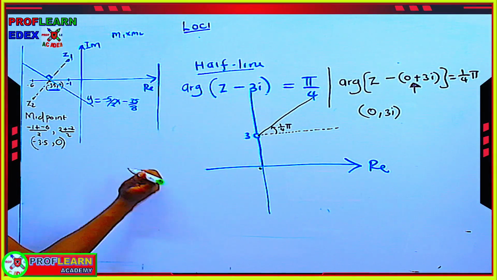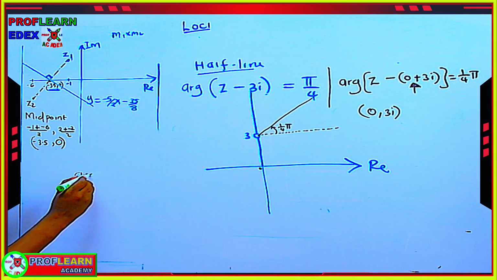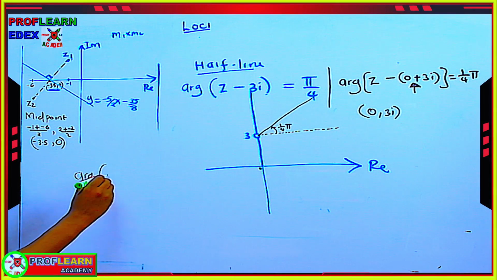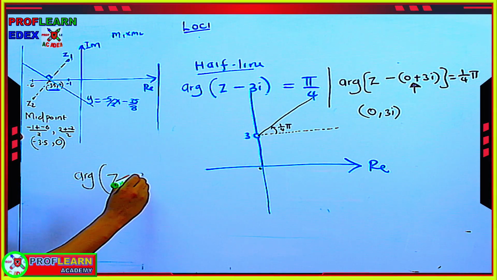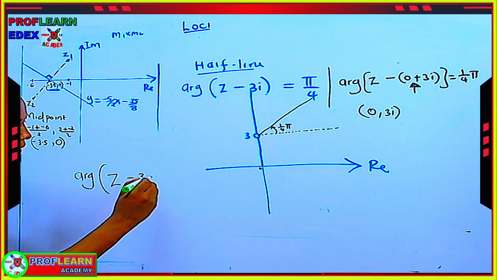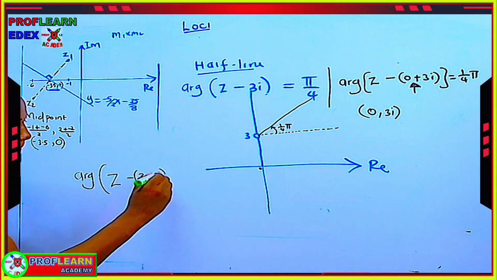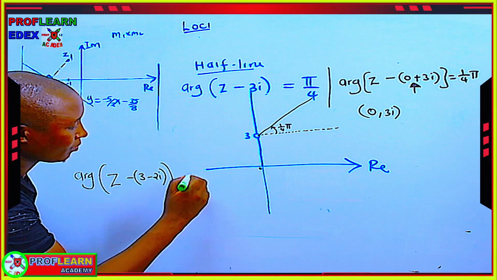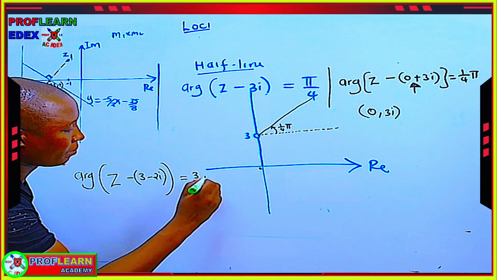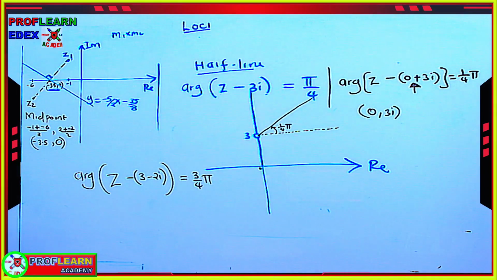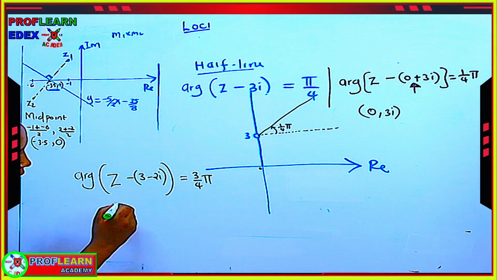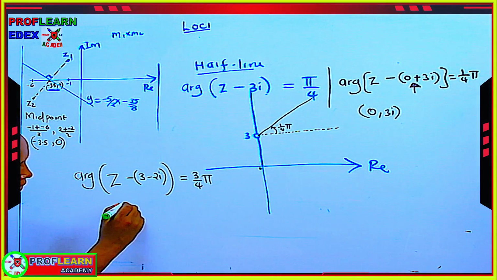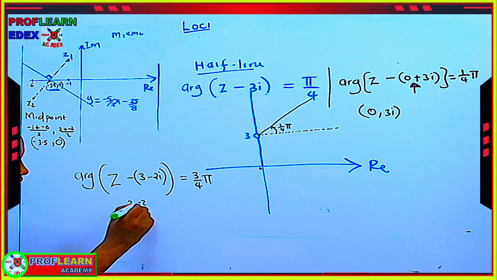So in the event you are given arg of the complex number z minus 3 minus 2i is equal to 3/4 pi, that means in this case our point is going to be (3, -2).